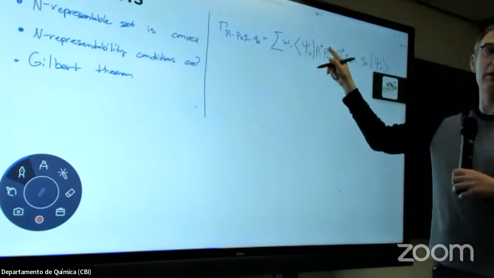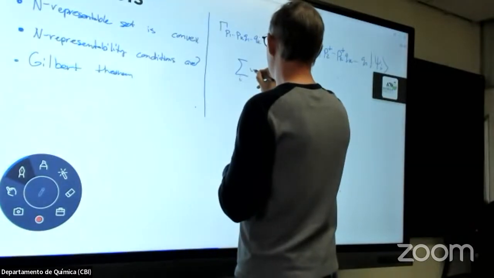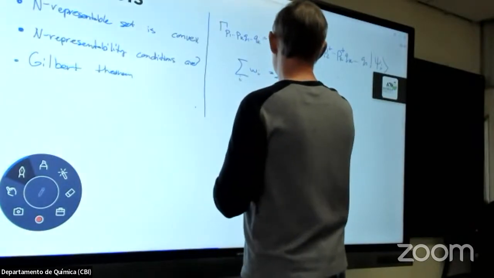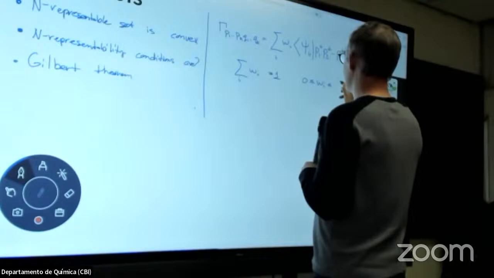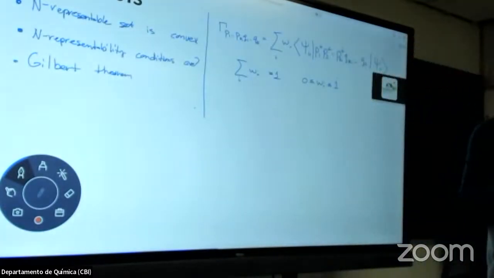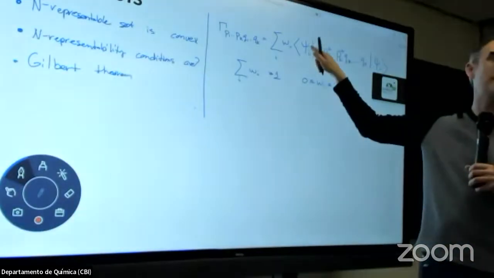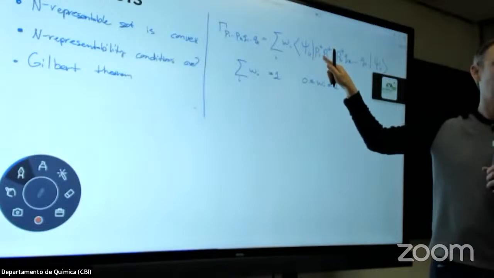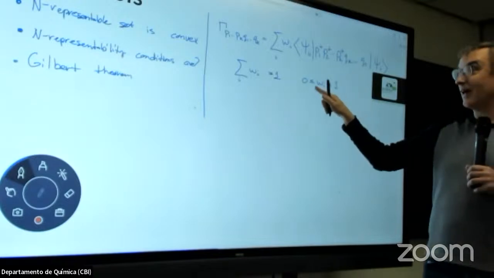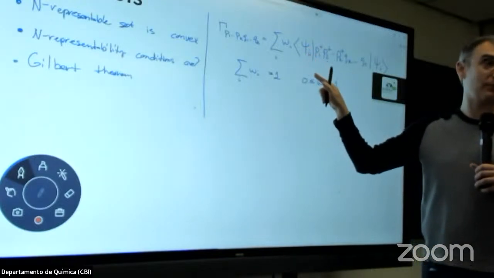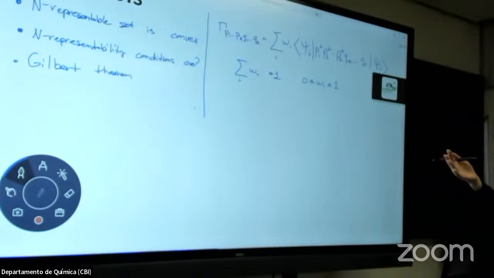There's another requirement because this is a mixed state, so this is a sum over i. I also require that the sum over i of Wi is 1 and that all the Wi's are non-negative. This is just to say these W's are the probability of seeing your system in the state i. The probability of seeing a system in a state has to be between 0 and 1, obviously. And the sum of the probabilities of seeing the system in all the states, as in the probability the system is in some state, has to be 1. So this is just intuitive.